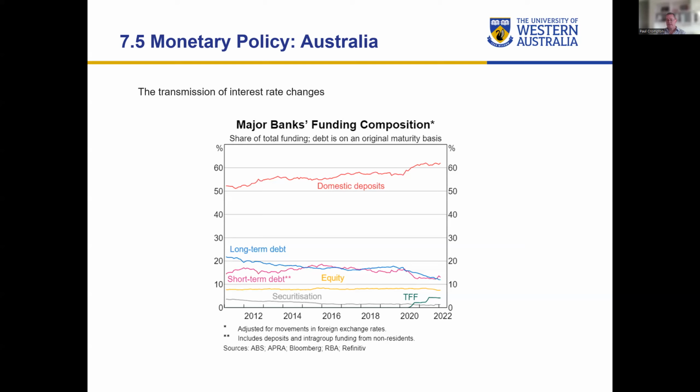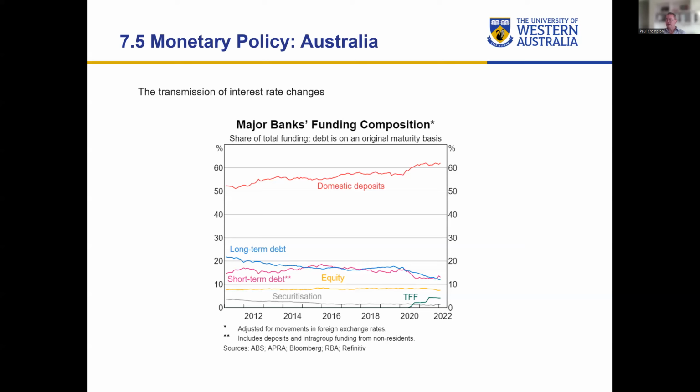So our Australian banks have got big decisions to make when the cash rate is cut. If their funding costs are falling at the same rate as the cash rate at that point in time, they can probably afford to pass on the full rate. But if their funding costs are not falling at the same rate as the cash rate at the time that the cash rate is being cut, then they've got a very difficult decision to make.